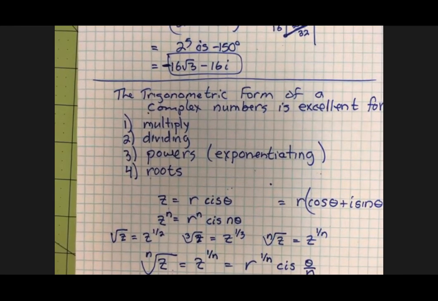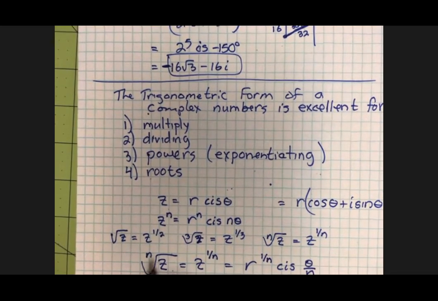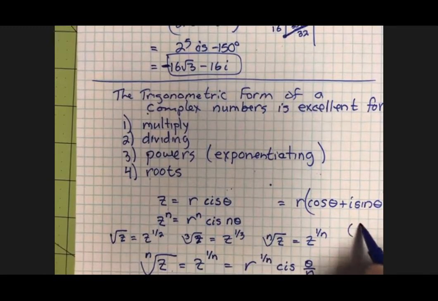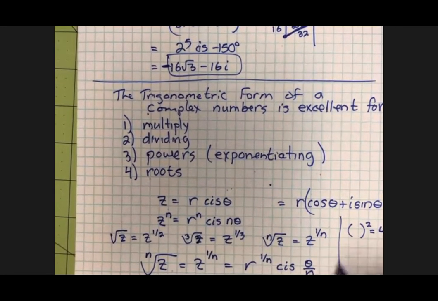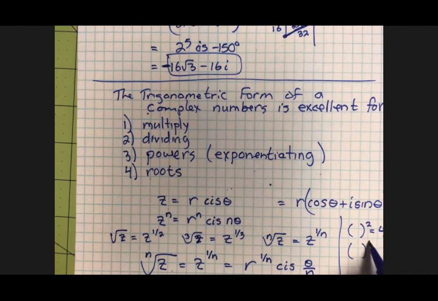But remember, there are many numbers you could square to get another number. For example, when you want to square a number and get 4, you could square 2 or minus 2. Right? If you want to raise something to the 4th and get positive 16, you could raise minus 2 or 2 to the 4th.